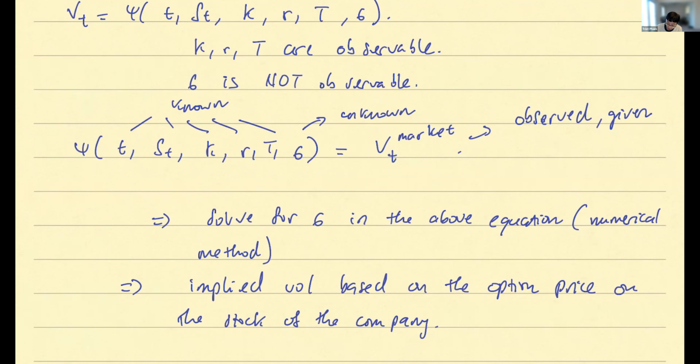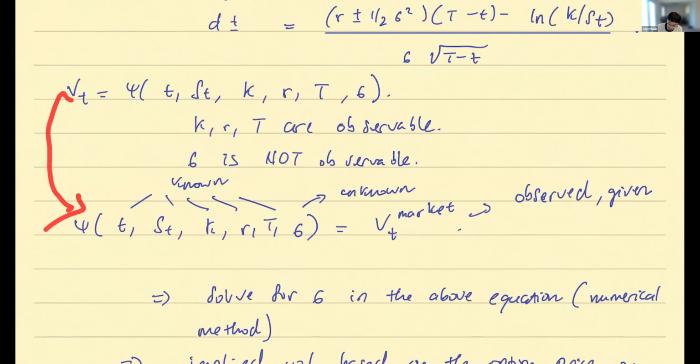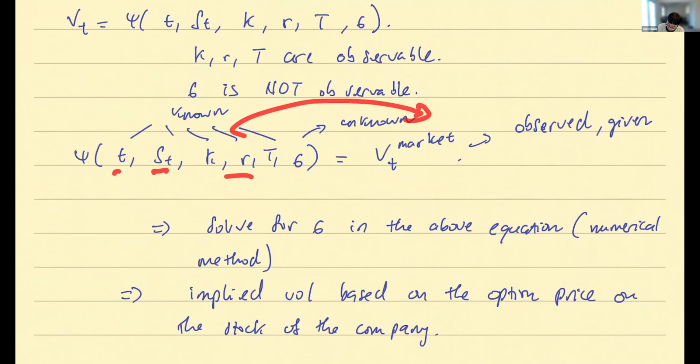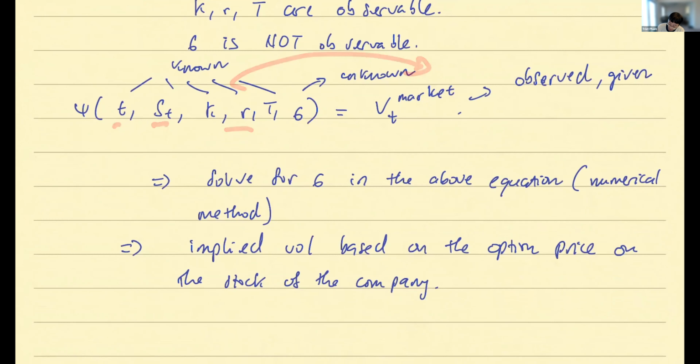So by having a sensible pricing function that maps the value of the current stock and so on to that market price, you can uncover how risky the market thinks that company, that stock, is.